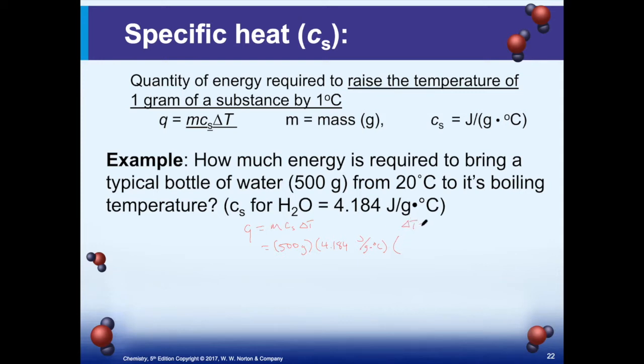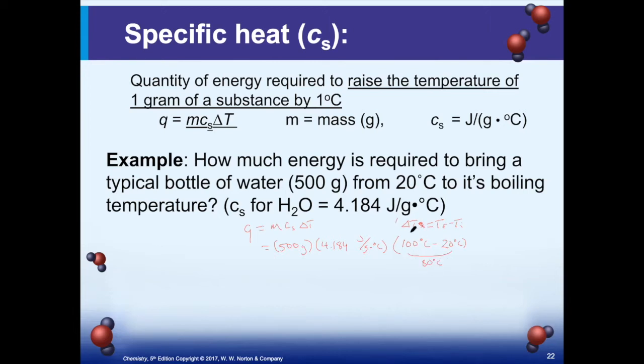So delta T is always T final minus T initial. Okay, keep that in mind. And so if we're boiling water, the final temperature is going to be 100 degrees Celsius, and we're told the initial temperature is 20 degrees Celsius. So that has an amount of 80 degrees Celsius. So that's where that comes from.